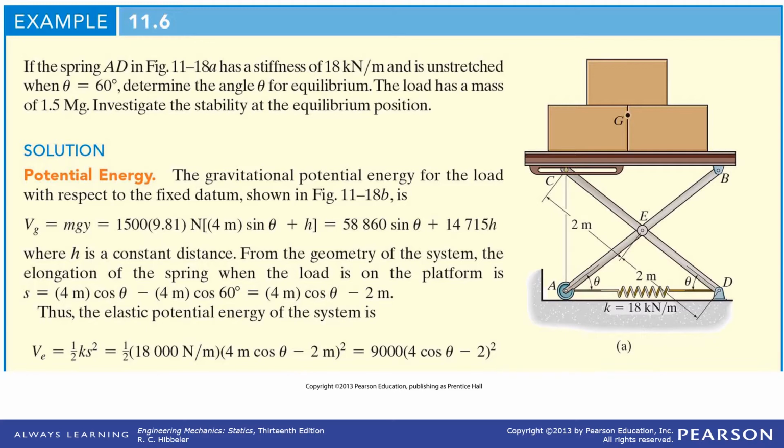Elongation of the spring. So based on theta, that is 4 meters cosine theta. There it is, right there. Minus 4 meters cosine 60 degrees, because you're told when theta equals 60 that the spring is unstretched. So it's the difference between the two.